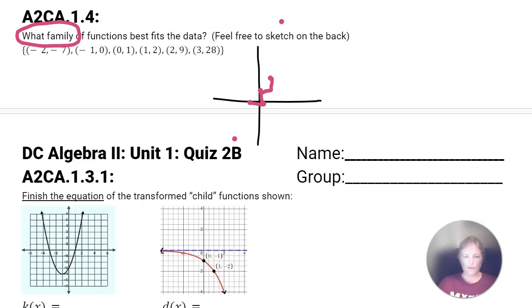But the other 2 points definitely did not. The others did not follow that linear pattern. So hopefully I can see that if I connect these dots, I'm going to end up with a cubic looking function. So what I'm looking for here is cubic, the cubic family.